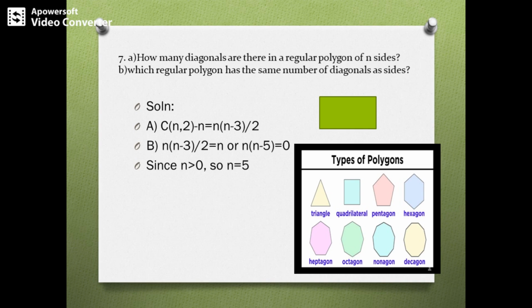If you do that, we get n square minus 5n equals 0. Since n, the number of sides, is always positive, n cannot be minus 5 or any other value. From here it is very clear that n can be either 0 or 5. Since n refers to the sides, it has to be greater than 0, and therefore the n value is 5.